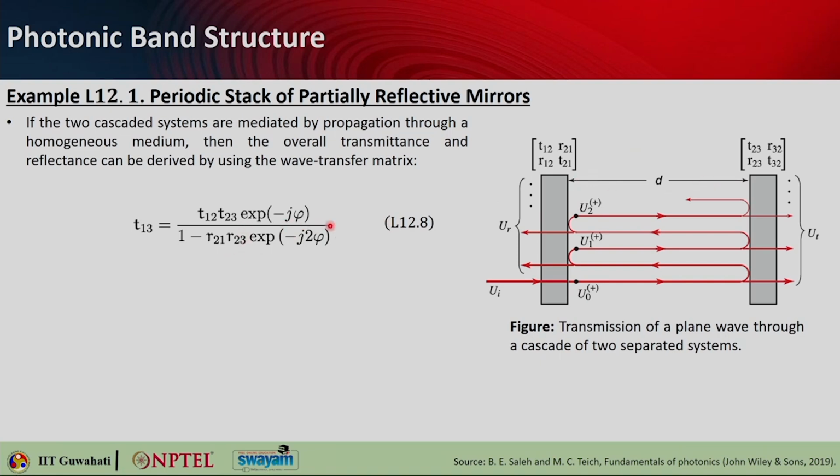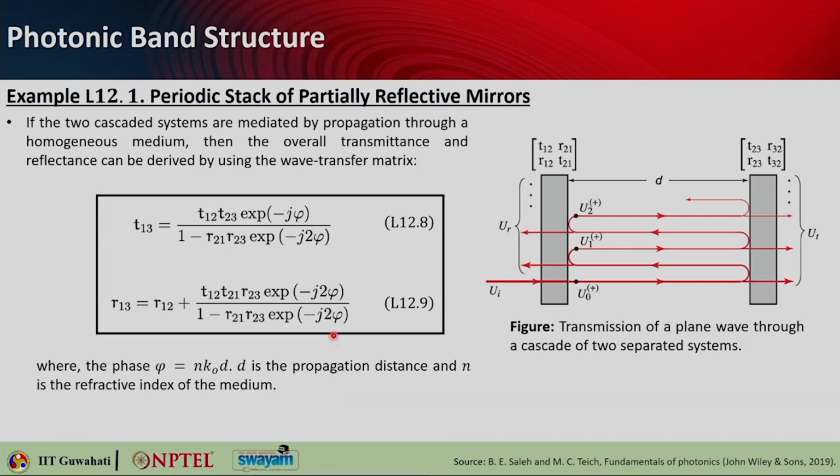So, that way the equations will also get slightly modified. As I mentioned here, the phase phi is nothing but n k naught d, and d is the propagation distance, n is the refractive index of this particular medium inside.